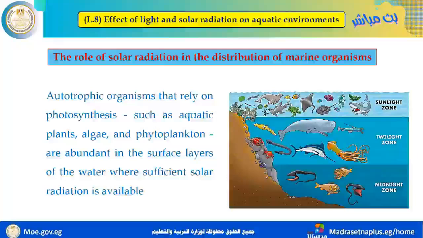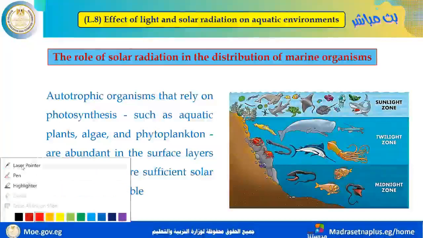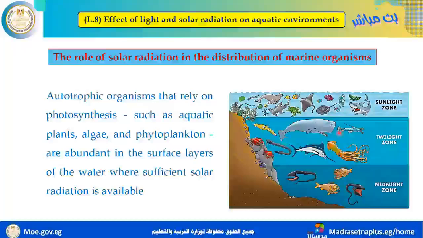Why? Because they need light to make the photosynthesis process. But now, let's go to the second layer, which is the twilight zone. It also contains a different kind of living organism. But in the first layer, which is the sunlight zone, we can find the autotrophic living organisms.